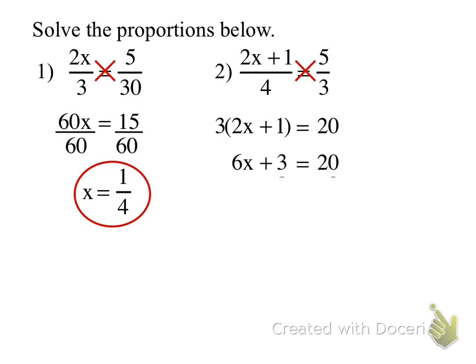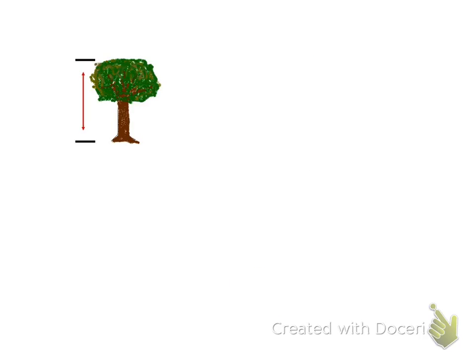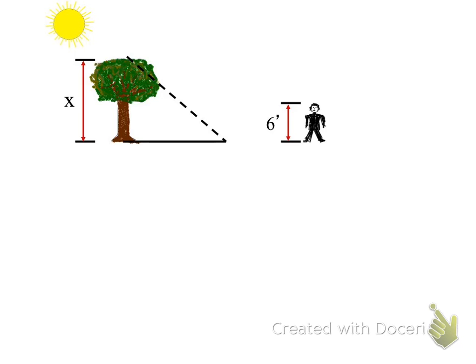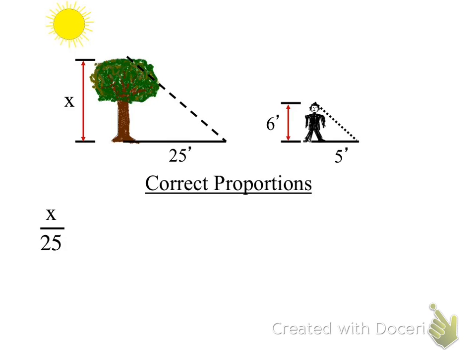So, all right, we can set our proportions up. I'm going to go a little bit into this, not as deep as my PowerPoint is. You can notice that we're comparing two things, the height of a tree and the shadow of a tree, and we've got the height of a man and the shadow of a man. So I could set my proportion up like this. In this case, the x really represents the height.